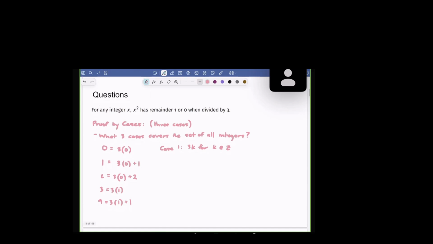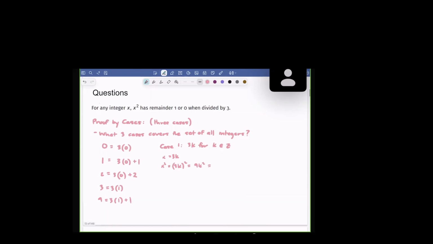So x equals 3k, and then x squared would be 3k squared, which equals 9k squared, which is 3 times 3k squared. And you see here that x squared is also divisible by 3.